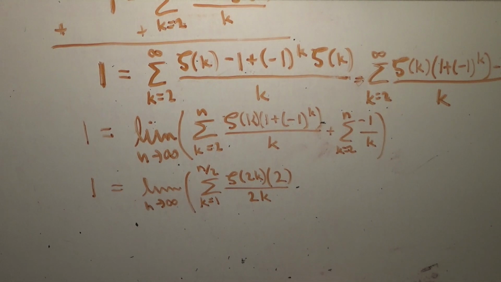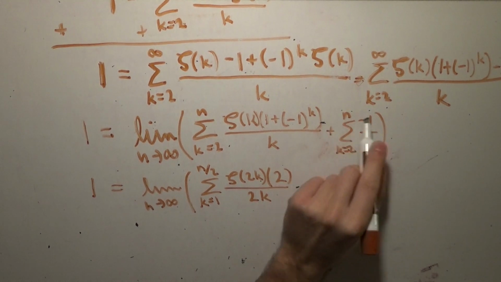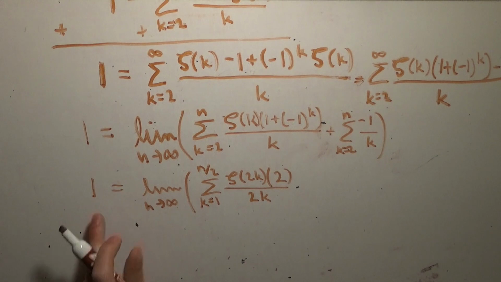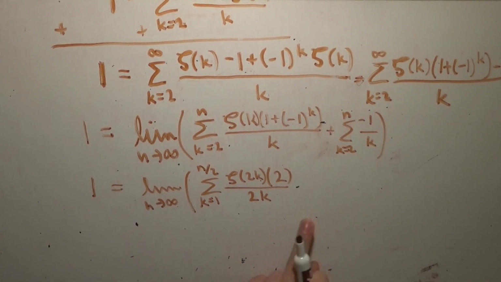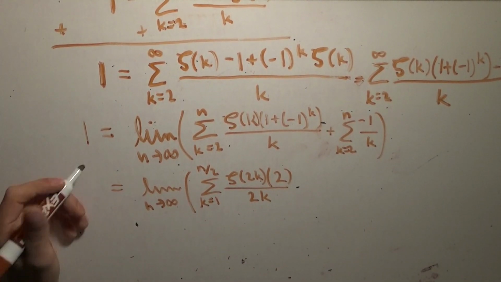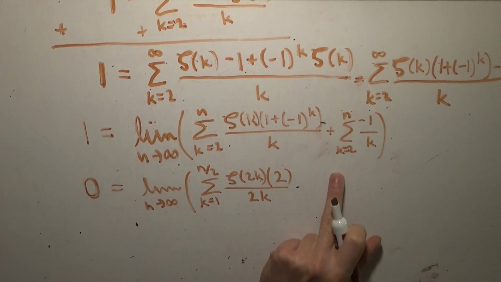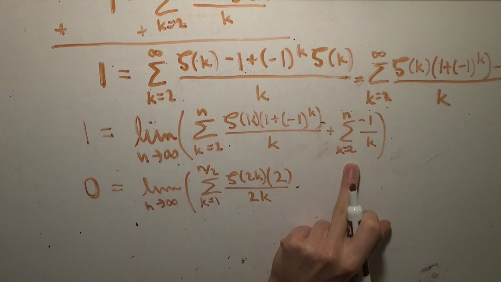And so what we're going to do now is remove some of this harmonic-looking series over here and move it over to this side of the equation. And we're actually going to move this term back over. Well, look what happens if I subtract 1 from both sides, first of all. So I'm making this side 0 now. If I subtract 1, I'm going to get this sum here, which is k equals 2 to n of negative 1 over k.